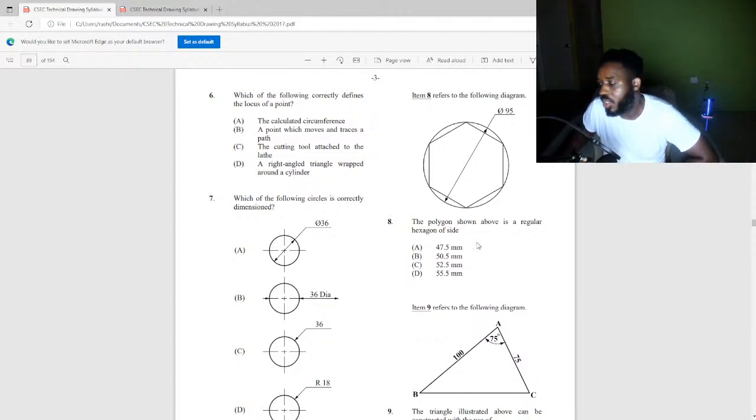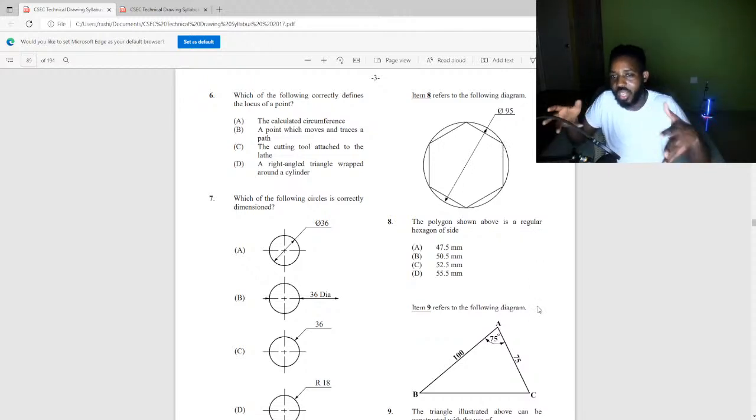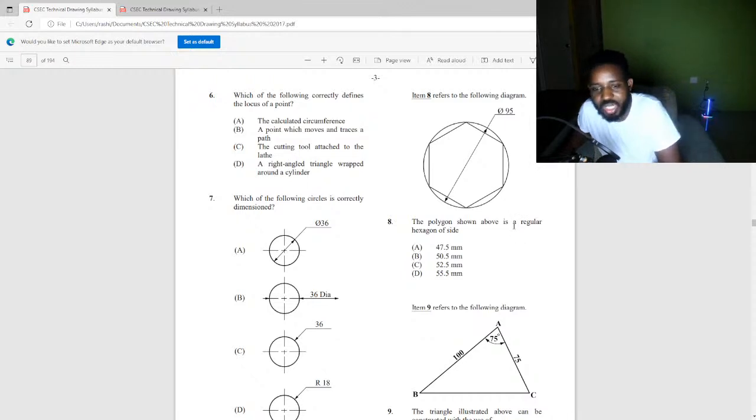So if the diameter is 95, what's going to be the length of one side? When you draw this circle, the diameter is 95. The radius is going to be half of 95, which is 47.5. Then you would use that same radius to divide your circle into 6. And that's how you would get your answer.